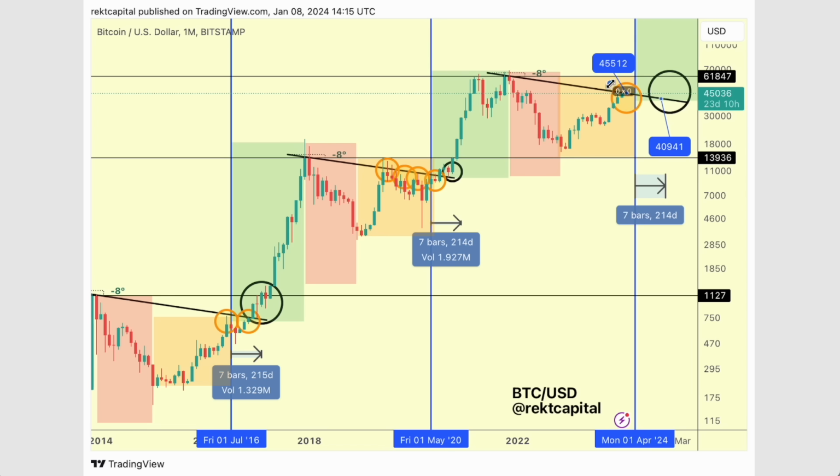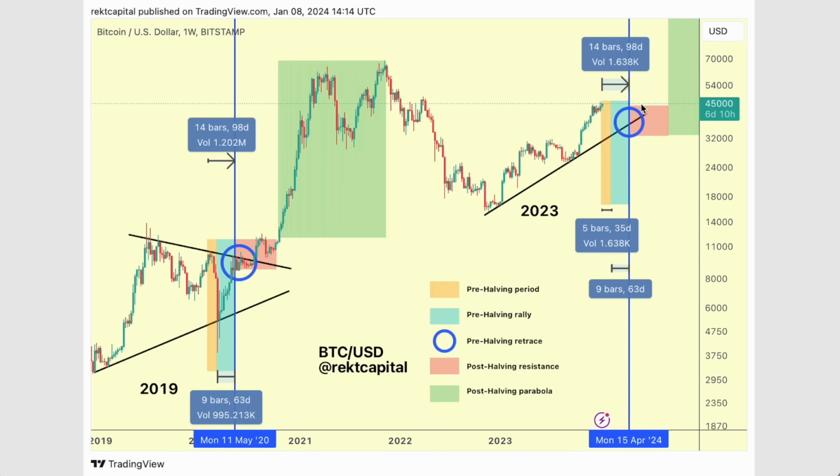So going into the halving event, we have to talk about how few months remain, because we have approximately 100 days left. And during this 100 days, we see a pre-halving rally occur 60 days before the halving event.